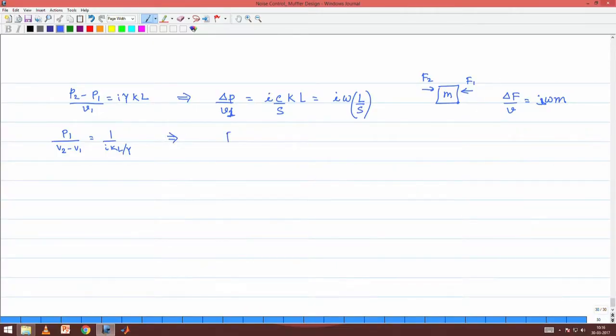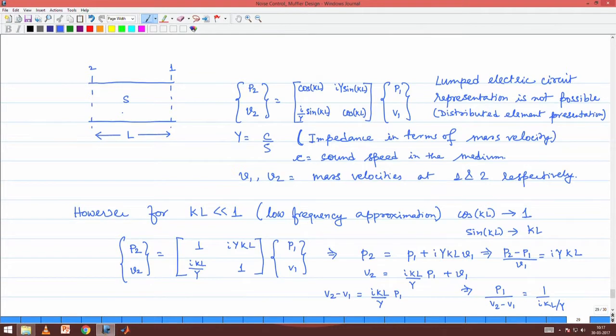The second equation would read as P by delta V, in particular P1 by delta V is equal to 1 by i, again instead of k I would like to write that as omega by C, L C S. Instead of y I am writing C by S. So, this would read as 1 by i omega L times S, where S is the cross sectional area, L is the length.